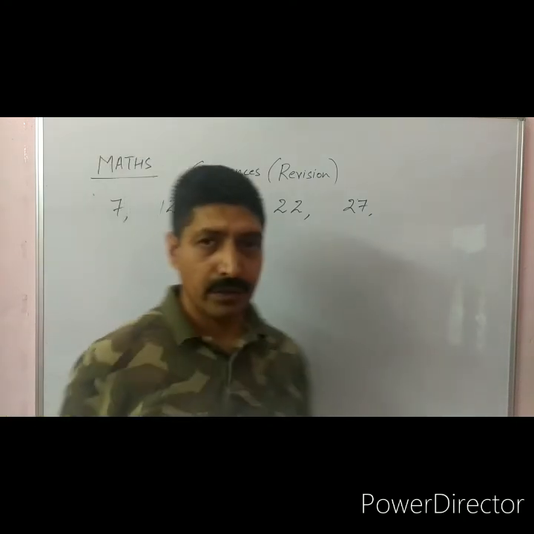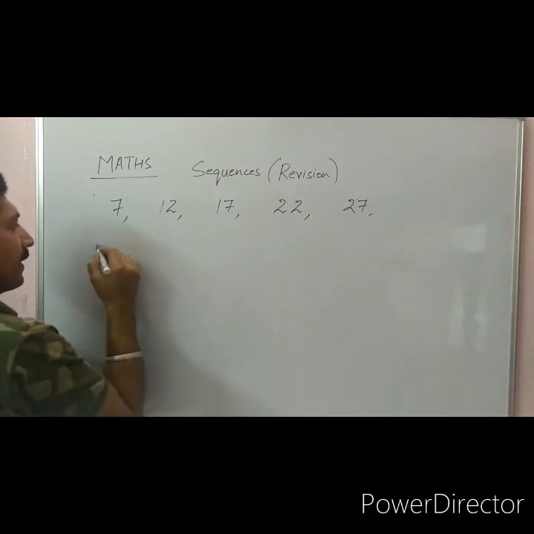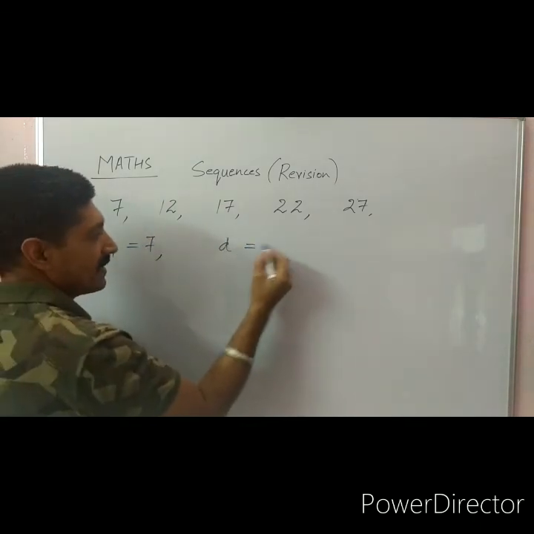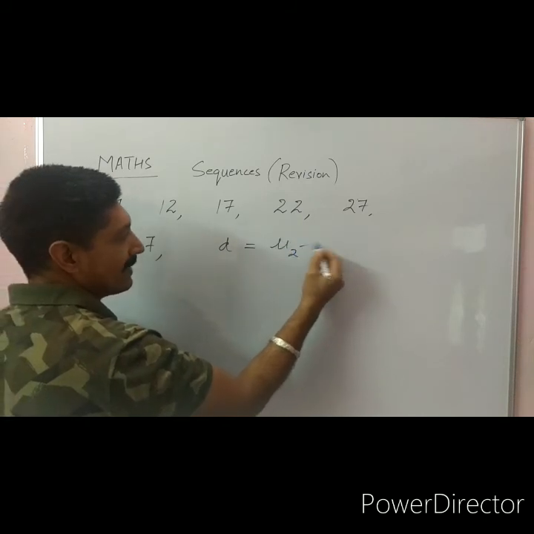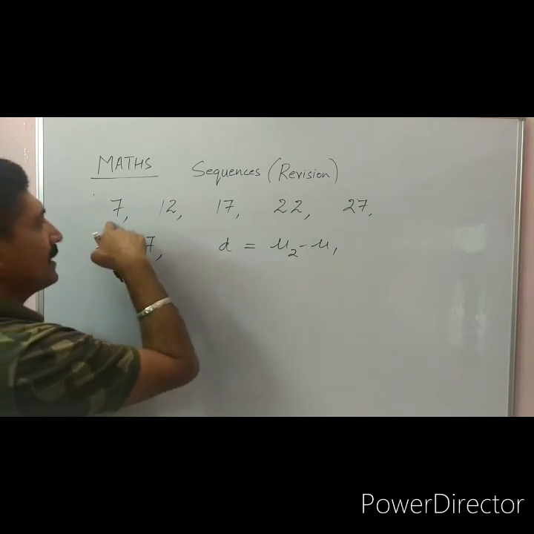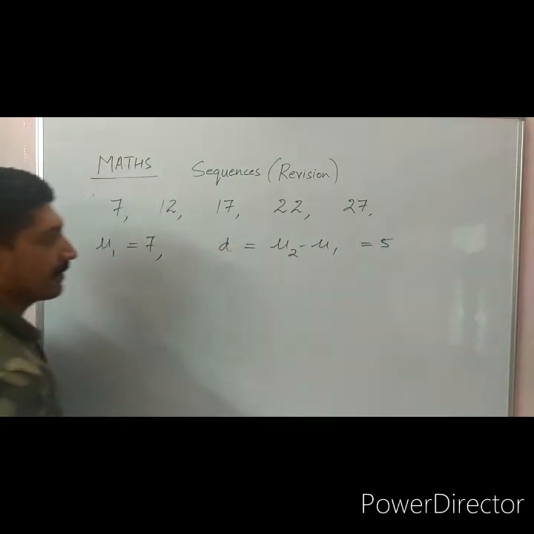Here the first term of this AP is 7, and the common difference is U2 minus U1, the second term minus the first term, which is 12 minus 7 equal to 5. So the common difference is 5.